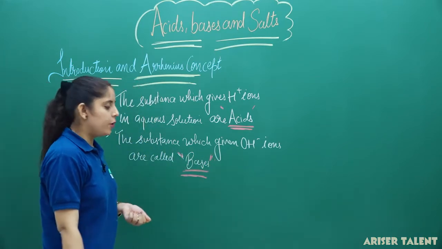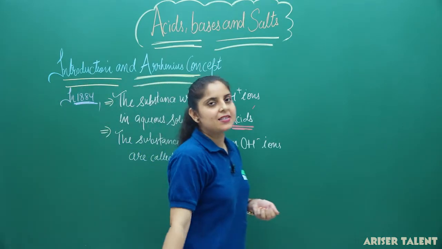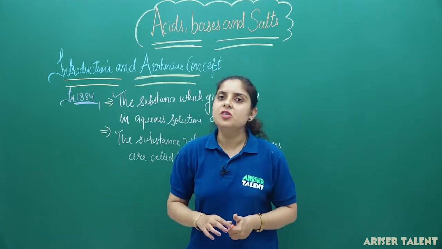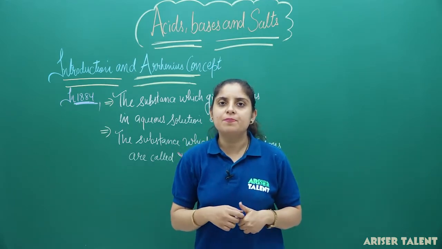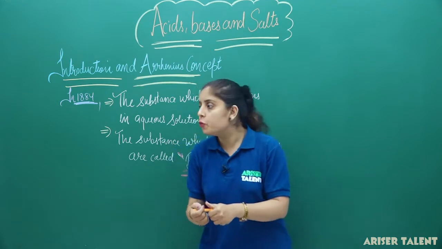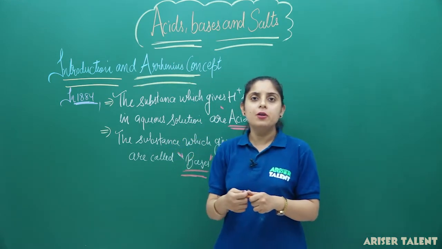So this is the theory of Arrhenius regarding acids and bases. He said that the substance which is capable of giving H plus ions in the aqueous solution is an acid, and which gives you OH minus ions is your base.